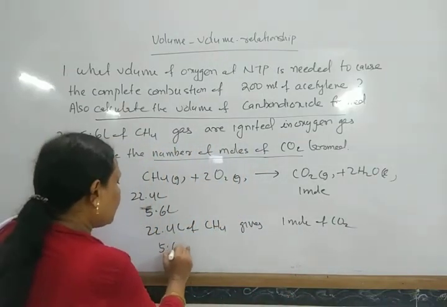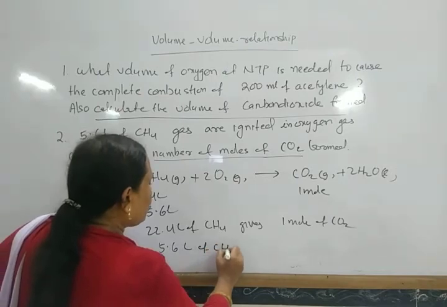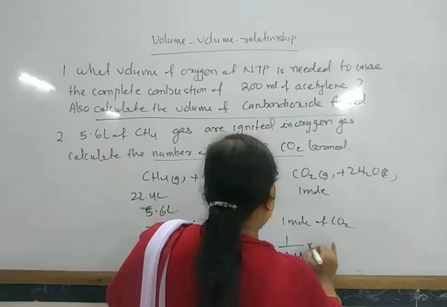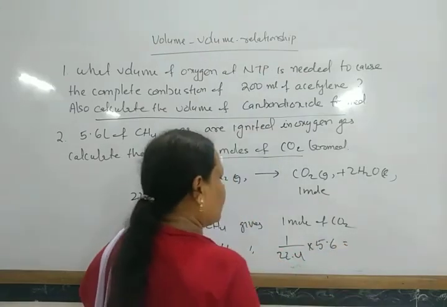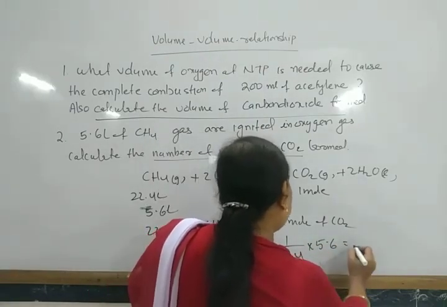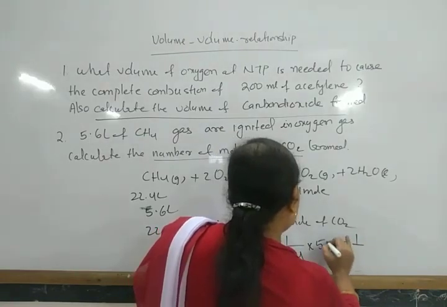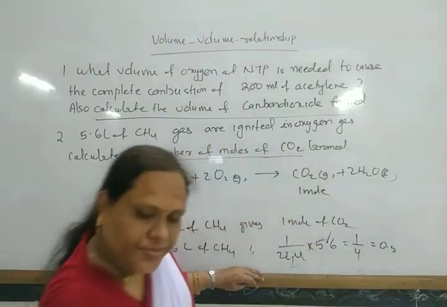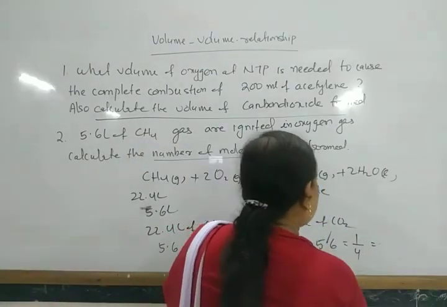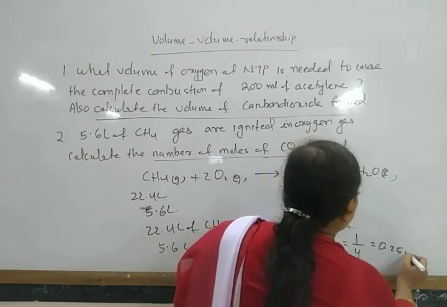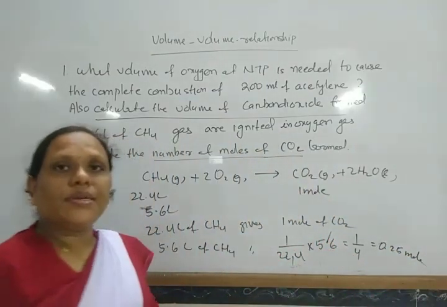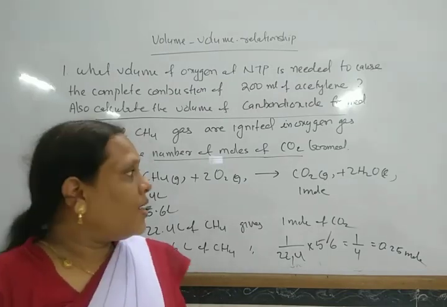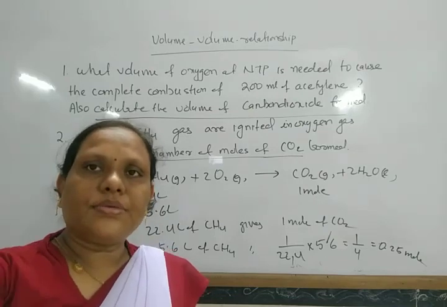Then 5.6 liter of methane gives 1 by 22.4 into 5.6, that is equal to 1 by 4, that is 0.25 mole. So 0.25 mole of carbon dioxide is produced.